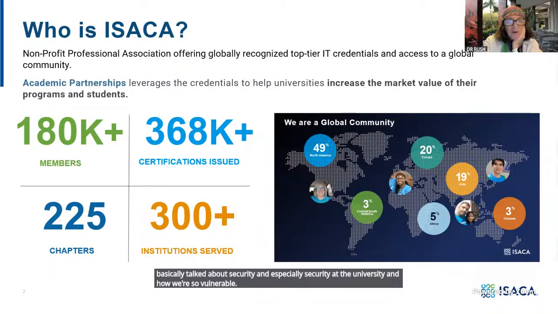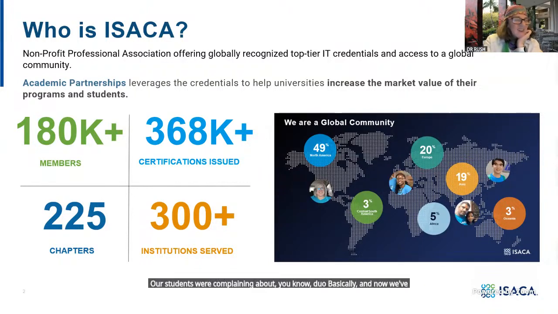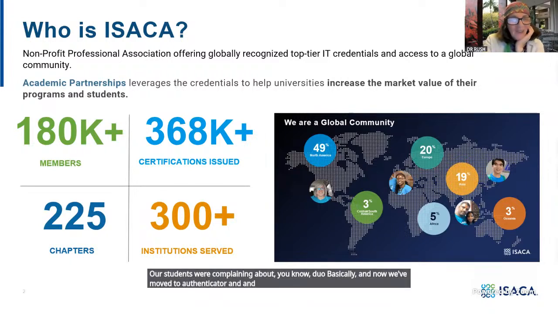Our students were complaining about Duo, and now we've moved to Authenticator, and why do we need to do this. So basically, your organization is information auditing, looking at companies and seeing if they have the proper controls.